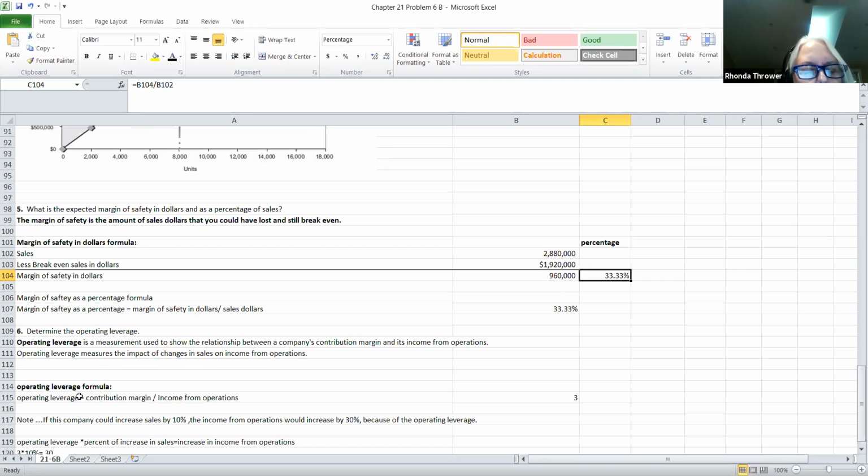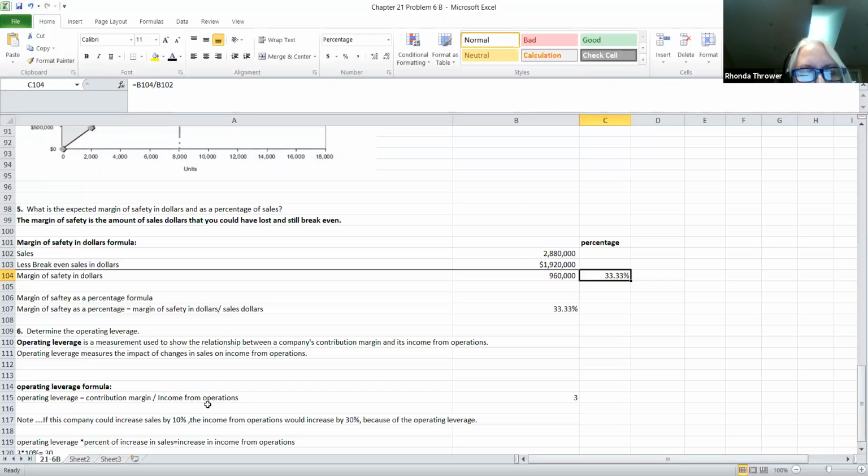The operating leverage formula is calculated like this. To get operating leverage, we need to know what our contribution margin is, and we can divide that by our income from operations. And this contribution margin is in dollar amounts. So we would need to know the contribution margin, sales figure less your variable cost.